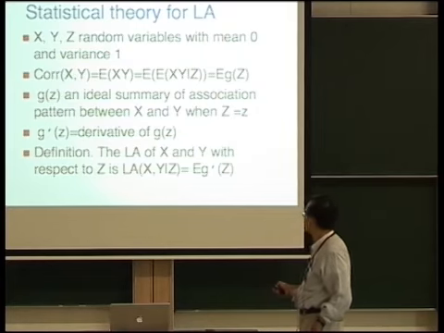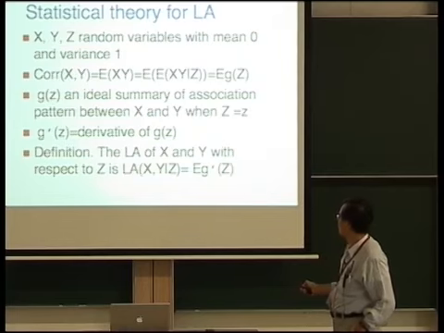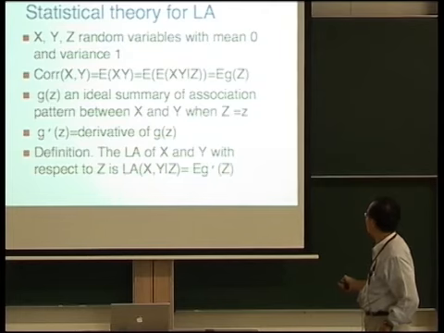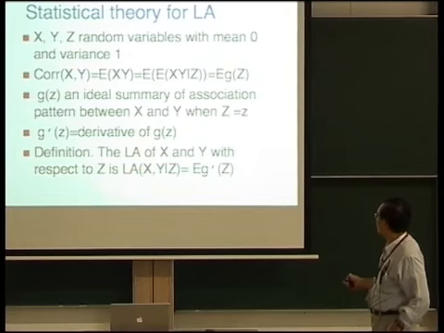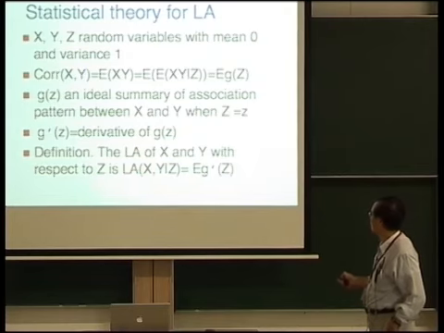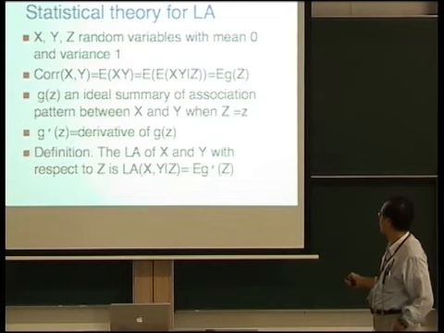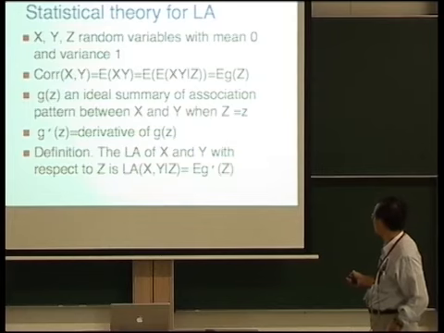The correlation between X and Y is written as the expectation of X times Y, of course. Now, since we are assessing the effect of Z on the correlation, let's first condition on Z, and denote this conditional expectation to be g of z.